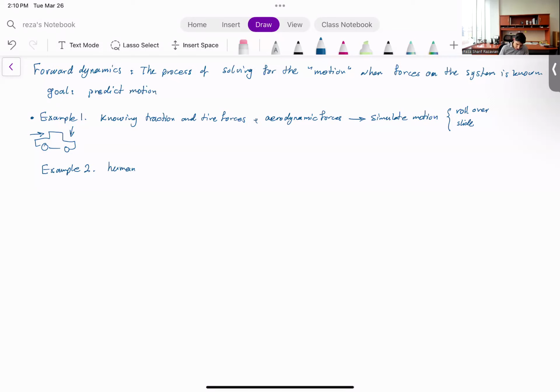Okay, so again, let's look at the simplest case, like before, when we don't have constraints.